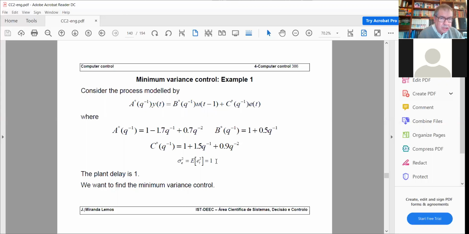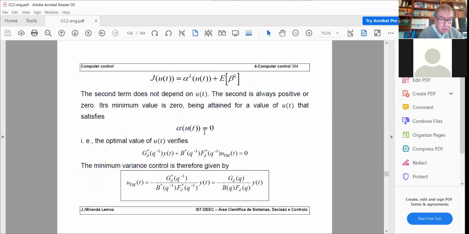So what shall we do? I was lazy, I don't have the computations, but what I do is I divide C by A. In this case, F is just one constant, which is 1. And then I use this formula here.